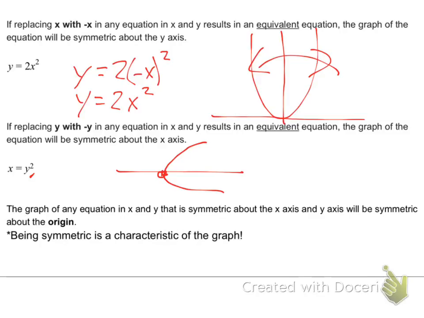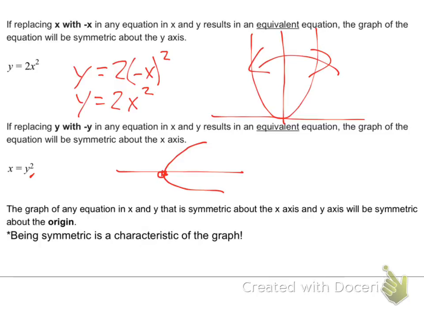And we have one that is both symmetric about the x-axis and the y-axis. And we would say that would be symmetric about the origin. Okay? Any questions on that? So if you can plug in both of these situations at the same time and end up with the original, therefore it's symmetric about the origin.